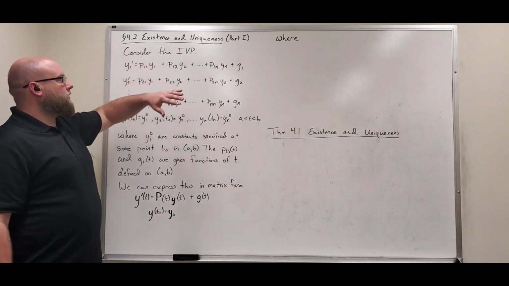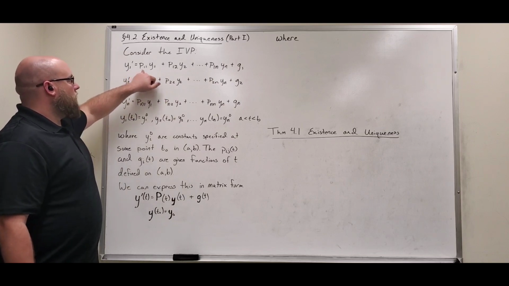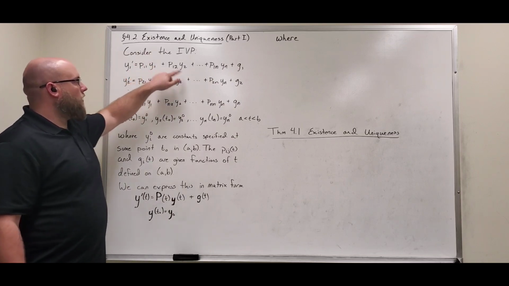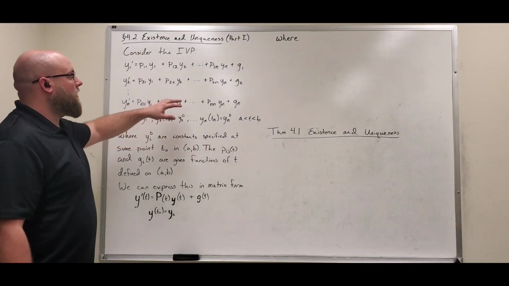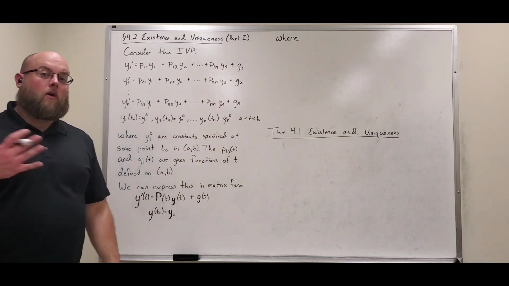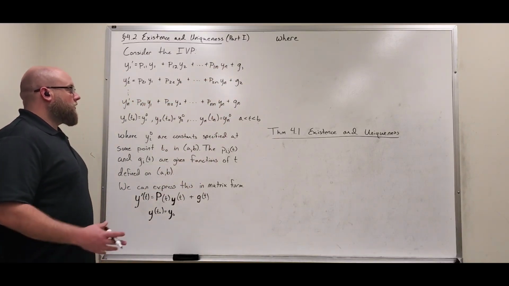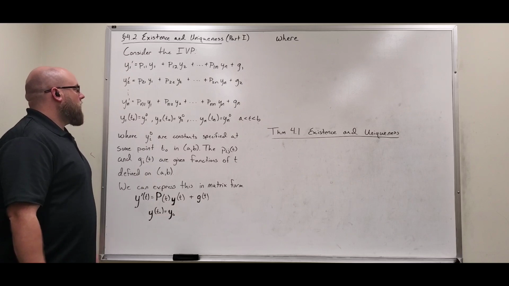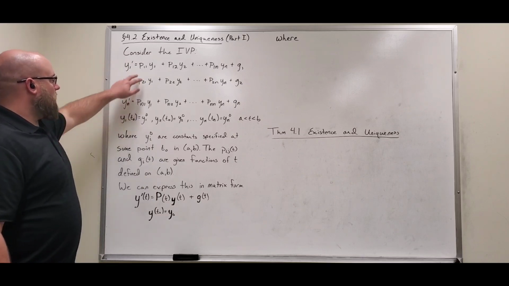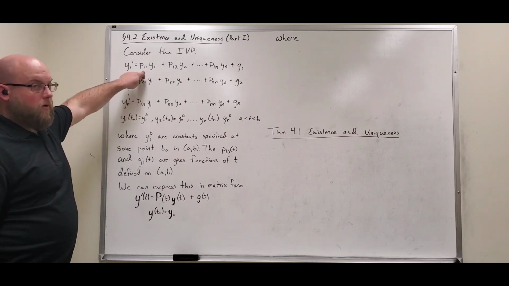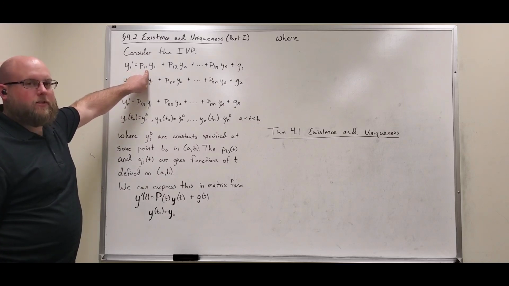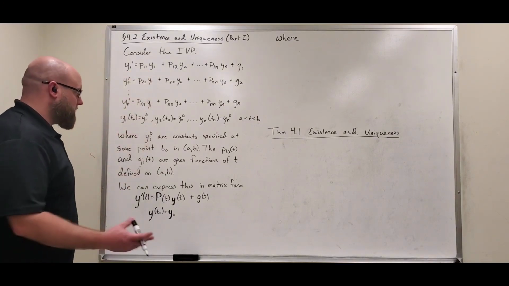Also, these are all functions of t, so P11 and so forth, the Y1, Y2, all the way up to Y sub n, and the G1 through G sub n are also functions of t as well. Here again, the one represents the row, the other one represents the column that it is in this matrix.